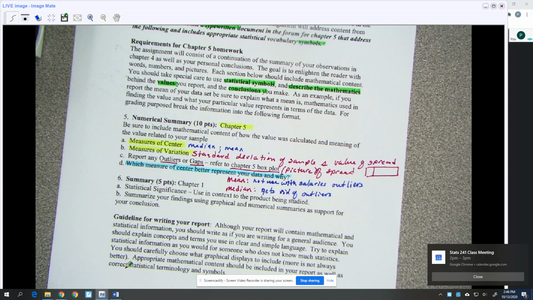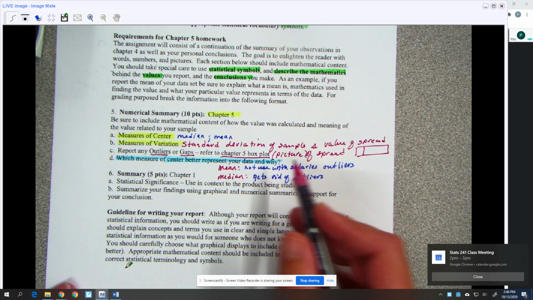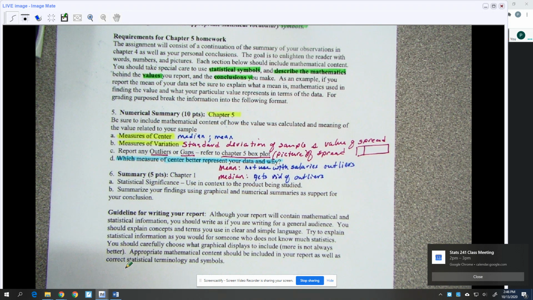The mean or the median? Mean. Okay, if I have the outlier, I want to use the mean. I want to total them with me or not. If I have an outlier, do I want to add that big salary in or not? If you have an outlier, you don't want to use the mean.